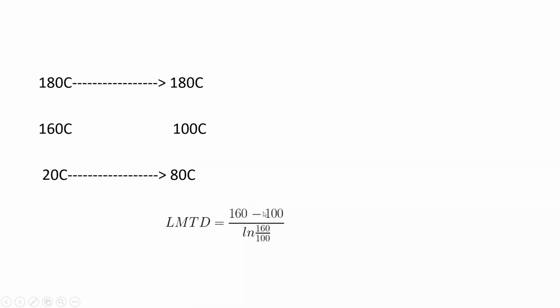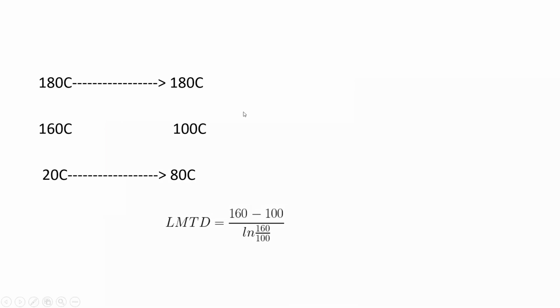LMTD is equal to 160 minus 100 upon ln 160 by 100. Please remember this concept. This concept is very useful in heat transfer design, heat exchanger design, and condenser design also. Whenever you go in industry and do the calculation for any product, or there is an endothermic reaction and you want to give the temperature, then you need to consider this concept, right?